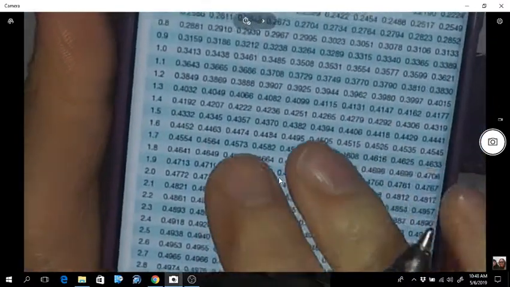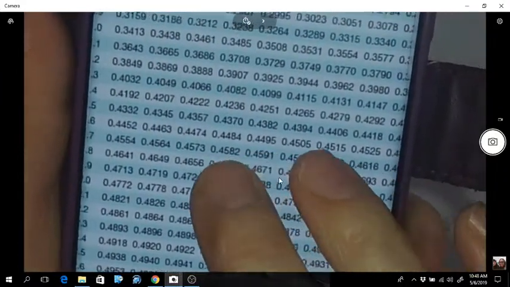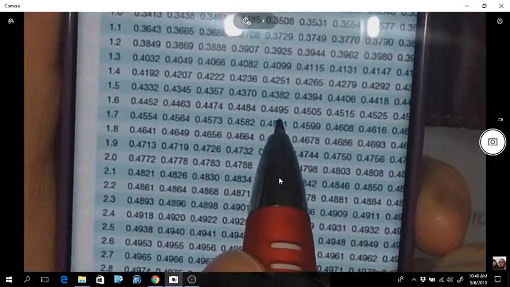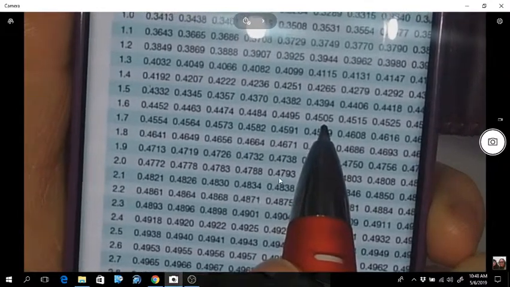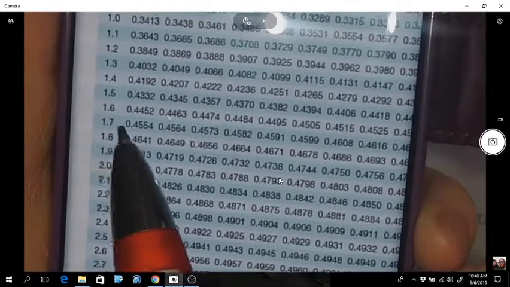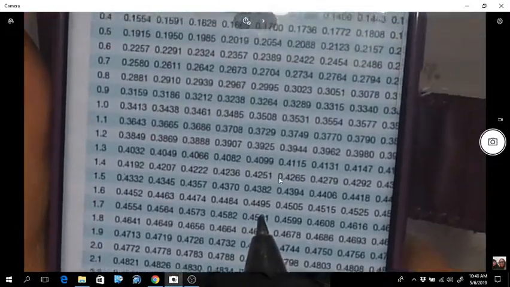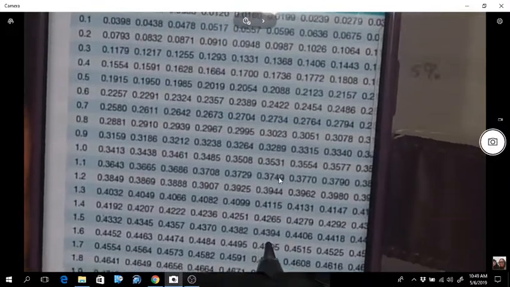Okay, so I go back to my chart. In here, I'm looking up something that's close to a 0.45. And I can see right here, I have a 0.4495 and a 0.4505. I should be right in the middle of that. So this is 1.64 and 1.65.